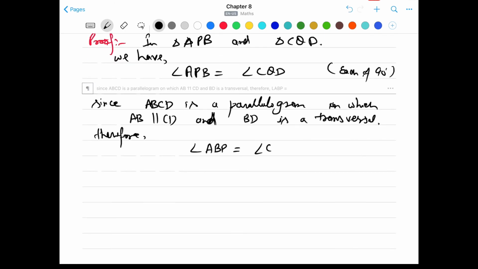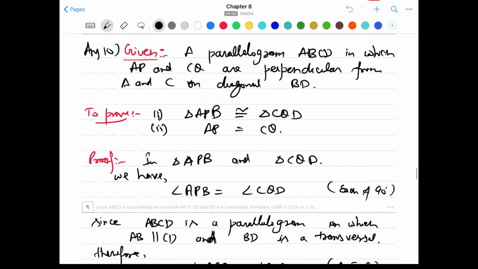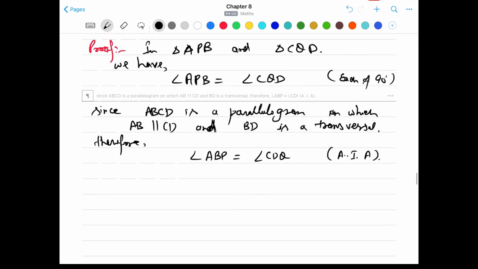These two angles are equal because they are alternate interior angles.